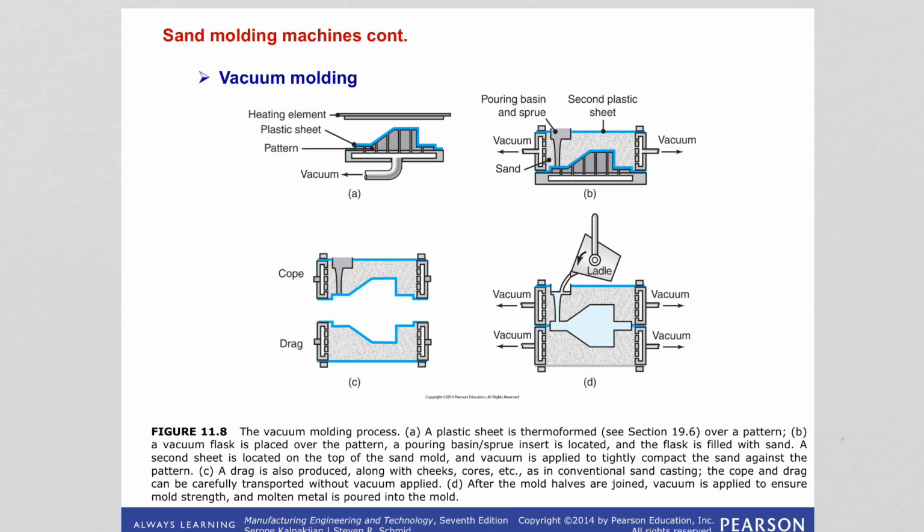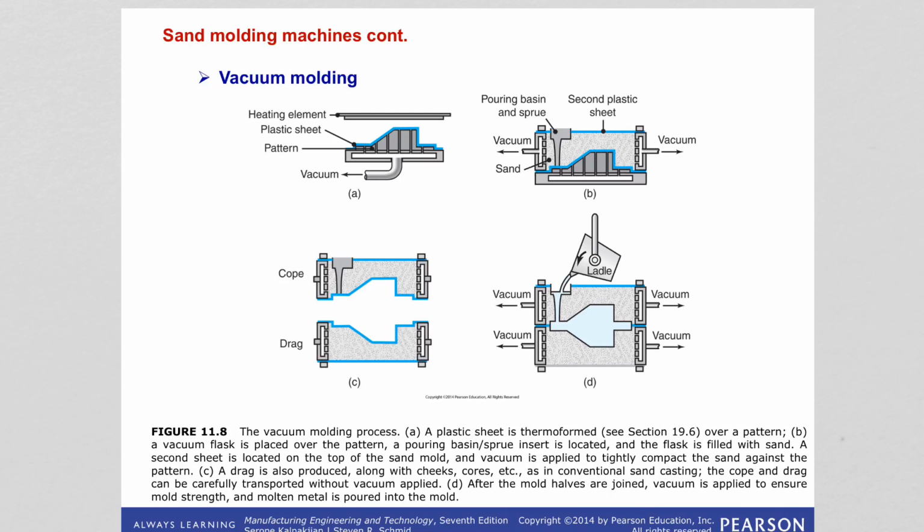So here is the vacuum molding process. There is a plastic sheet which was placed over the pattern in figure A we are seeing. And with the help of the vacuum, the plastic sheet is taking the shape of the pattern.